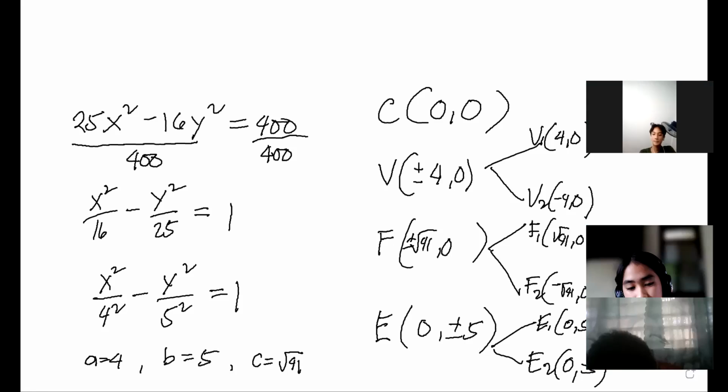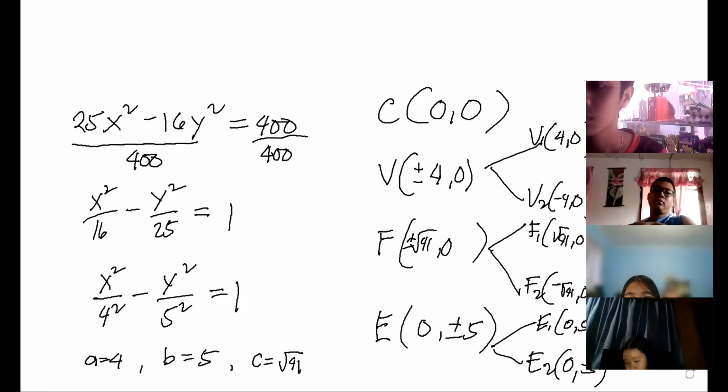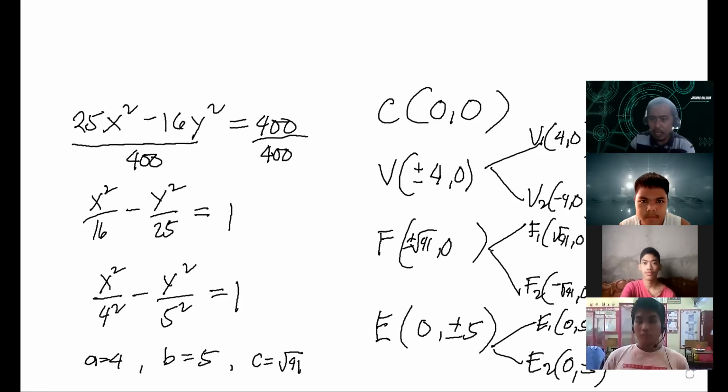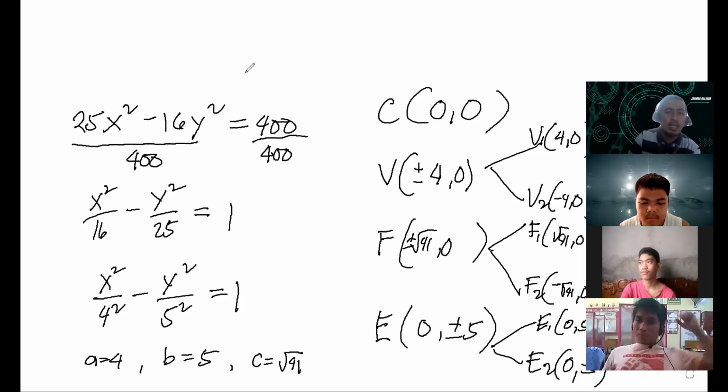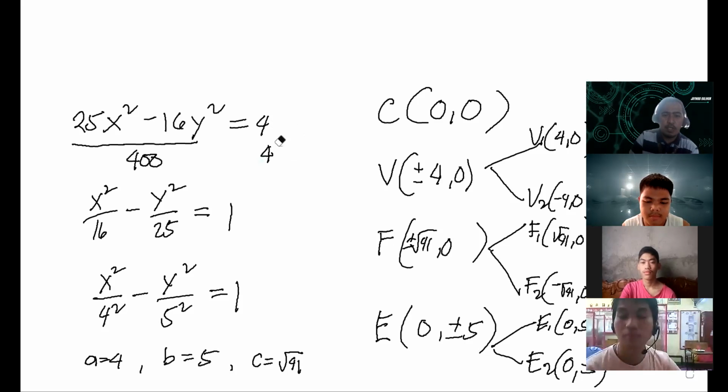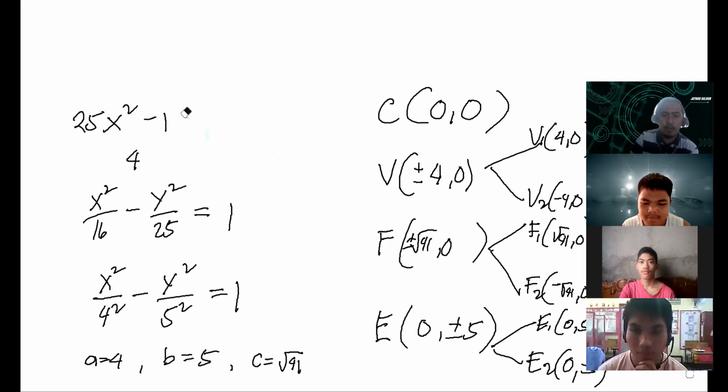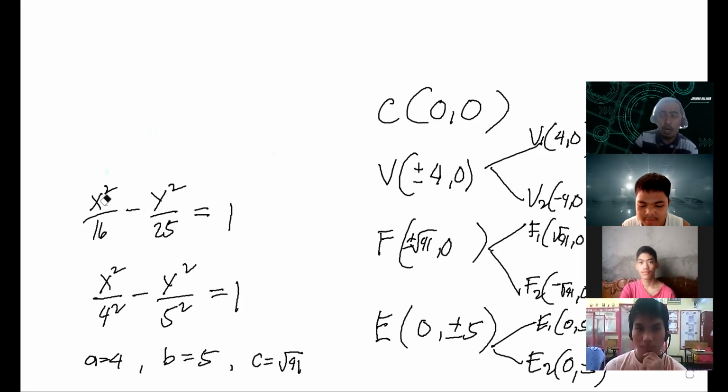Okay? Can we continue? Let me erase this portion so that we can use it in plotting the points. What do we need so that we can plot our hyperbola? What are the points that we need to have?